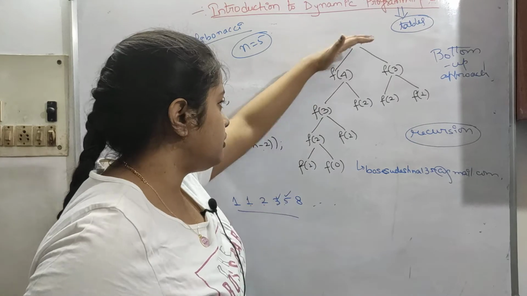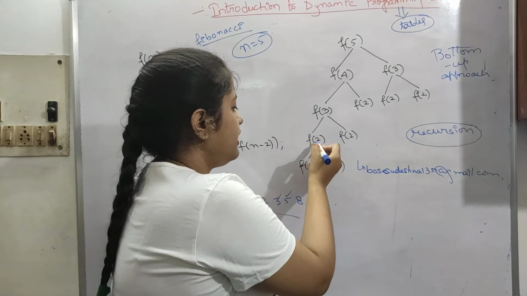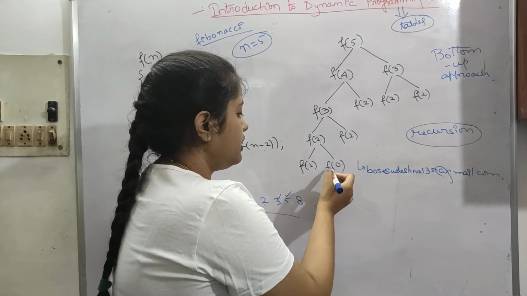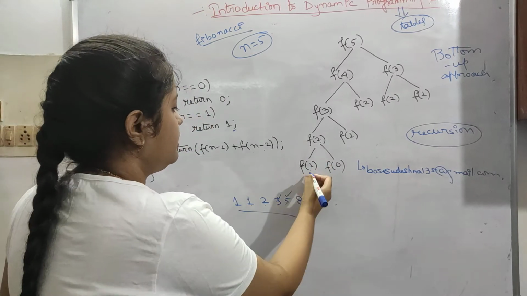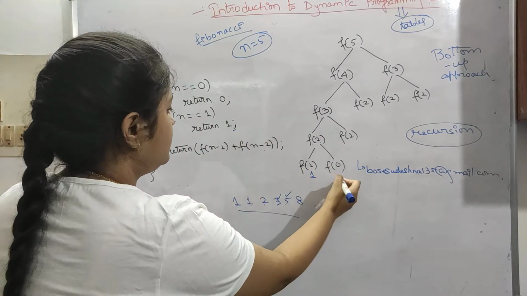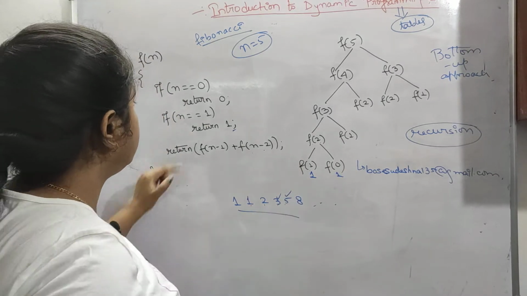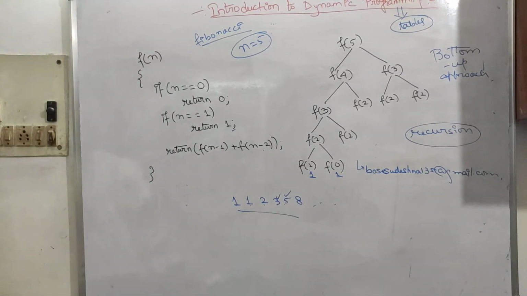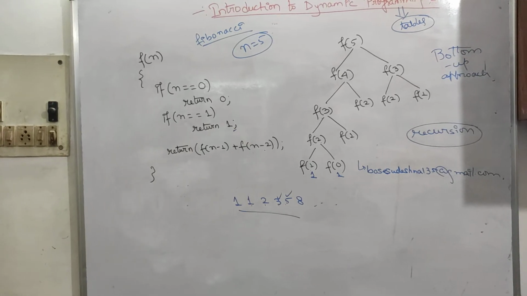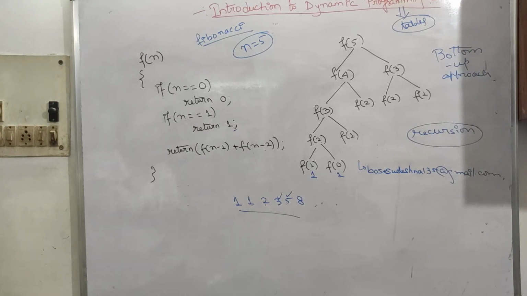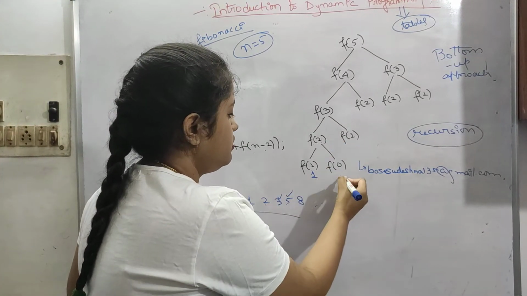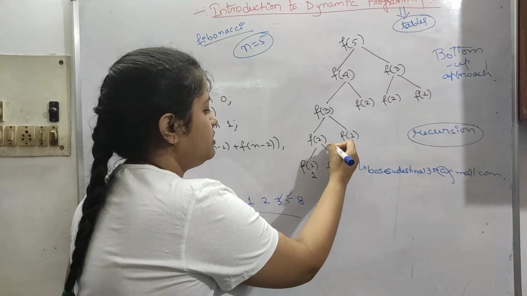Like this it will go down, and you can see f2 is coming as f1 and f0. f1 will give 1, and f0 is 0. Now f2 will be stored as 1.